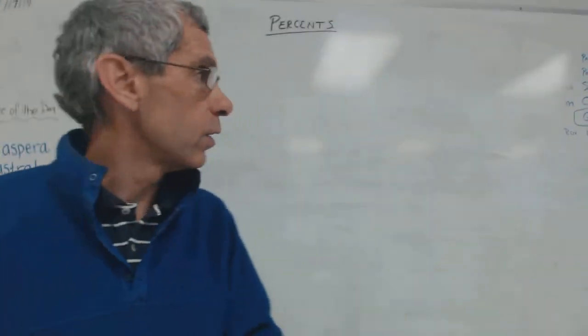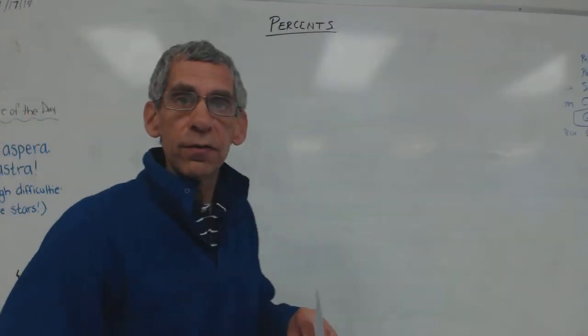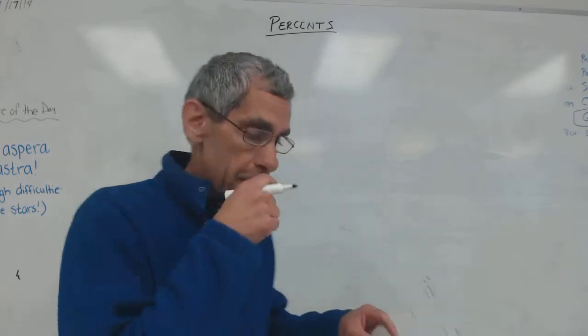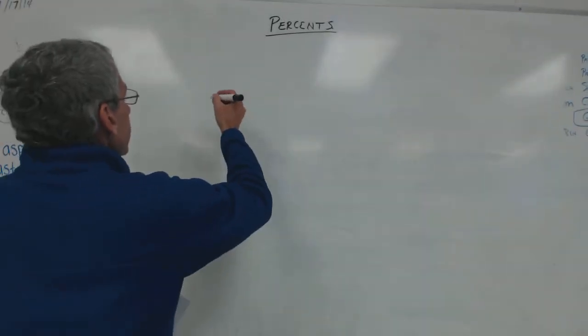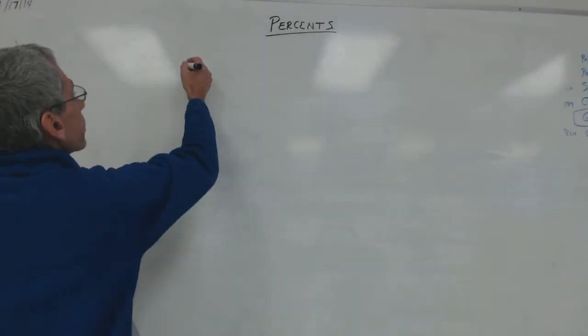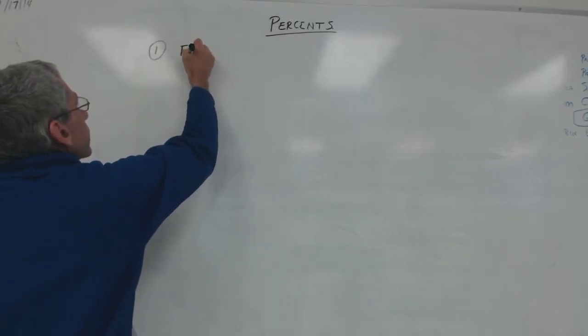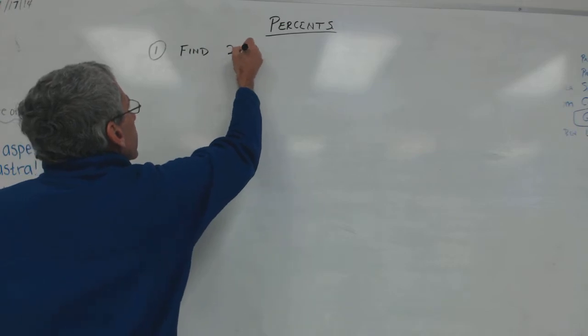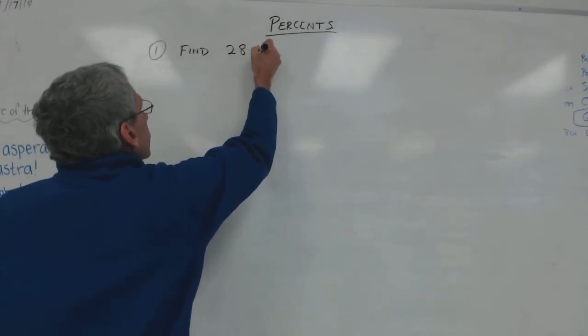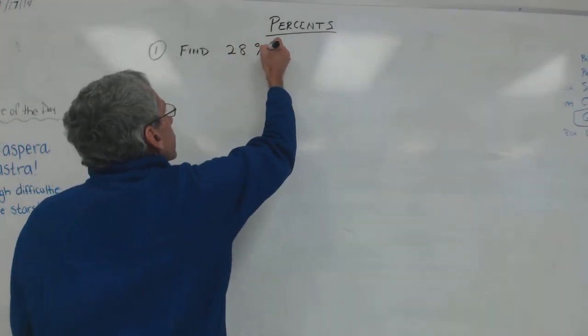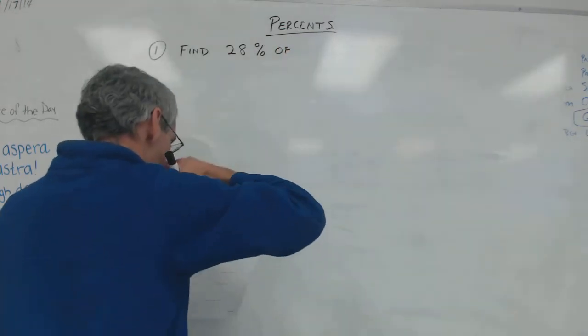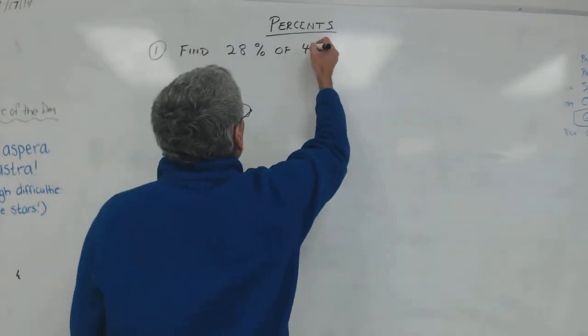So it's really important you take notes because you will not remember this if you don't write it down, right? If I ask you to find 28% of, say, I don't know, 40.